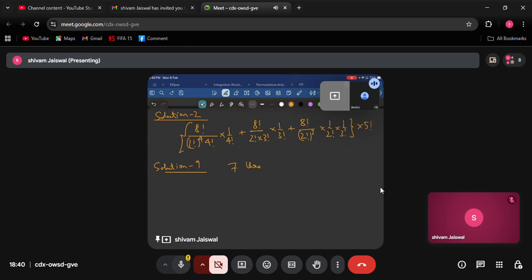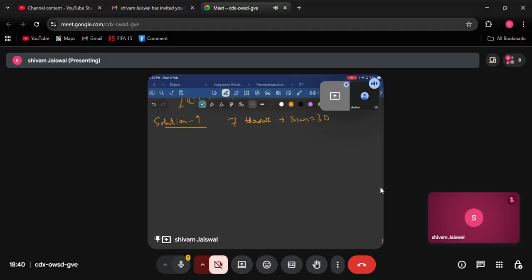So I'll take cases, I'll make a table. In how many ways can the sum be 30 in 7 throws?